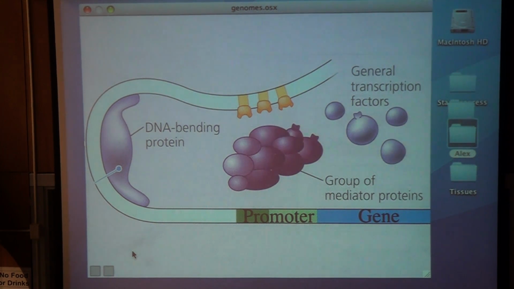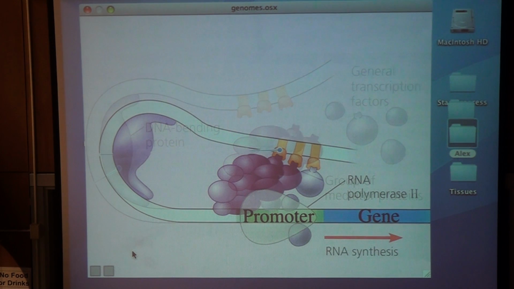So here come those transcription factors. They all kind of glom together. Transcription factors attached to the promoter sequences, and then the activator proteins also get involved in the complex.